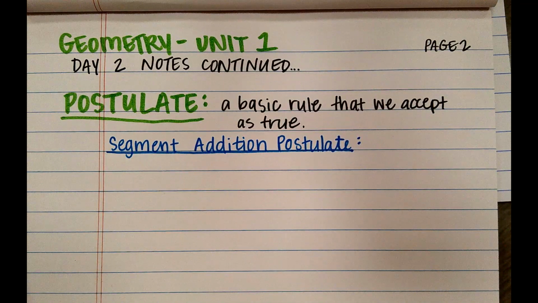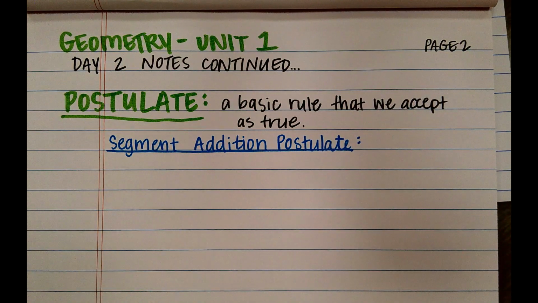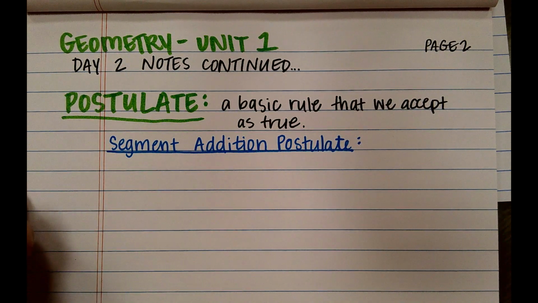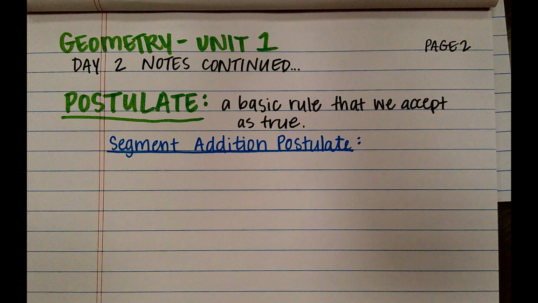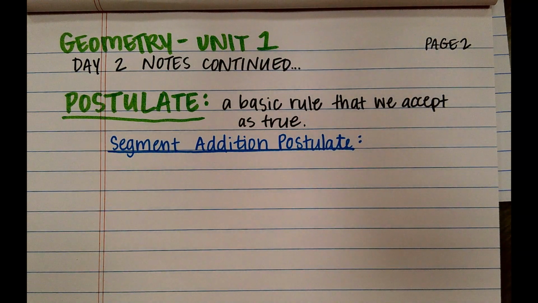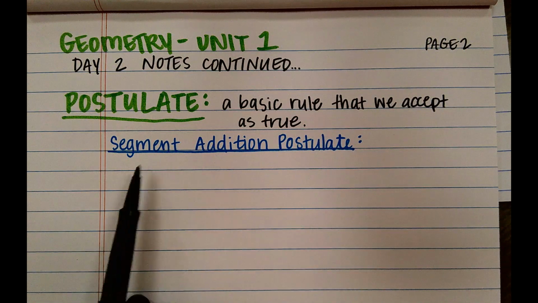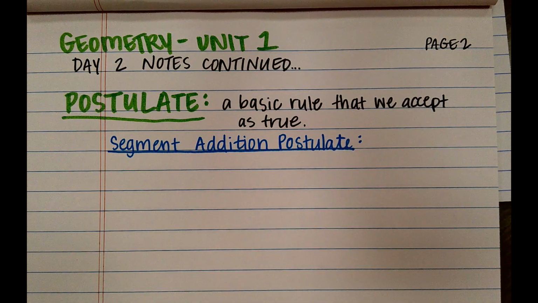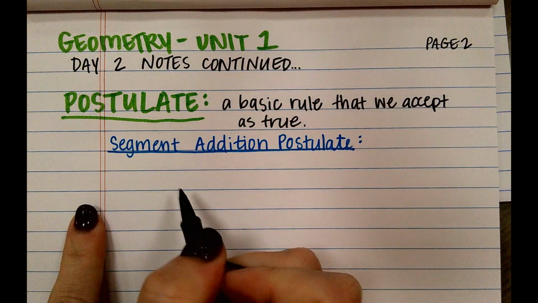Now, there's a definition for this technically, to that segment addition postulate. The definition for this is a little bit wordy. If you don't write it, it's okay. But I am going to write it for you if you are somebody that likes to have definitions. And before I give you that definition, I'm going to draw a picture.